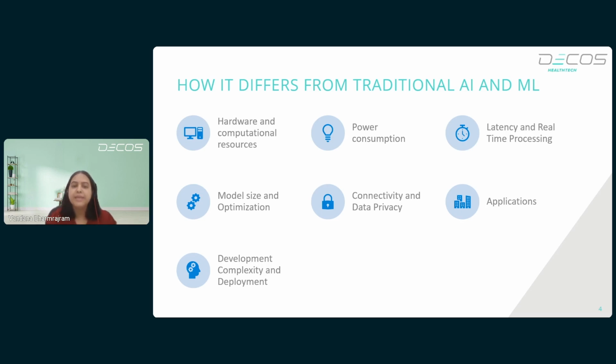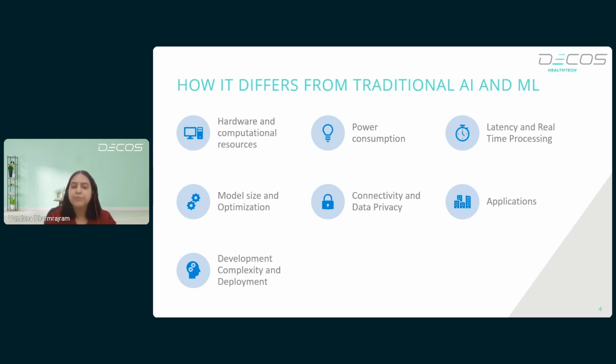Next difference is in latency and real-time processing. TinyML performs inference locally on the device, leading to low latency, real-time decision making without relying on cloud connectivity. While the traditional AI/ML model often requires data to be sent to cloud or edge servers, introducing latency due to network communication.